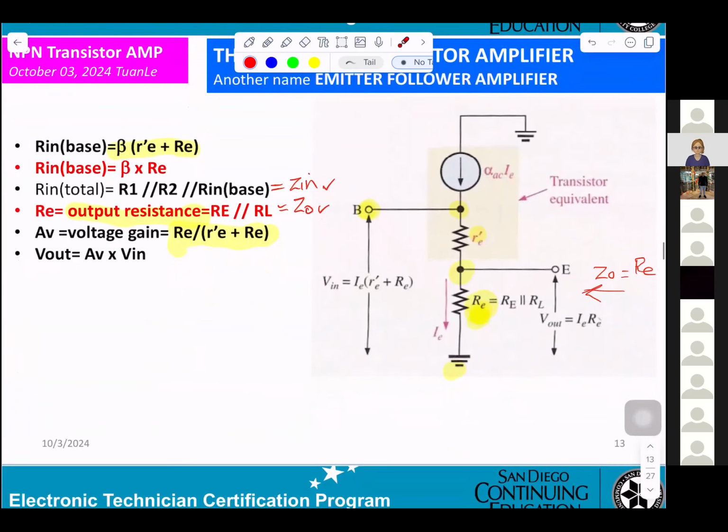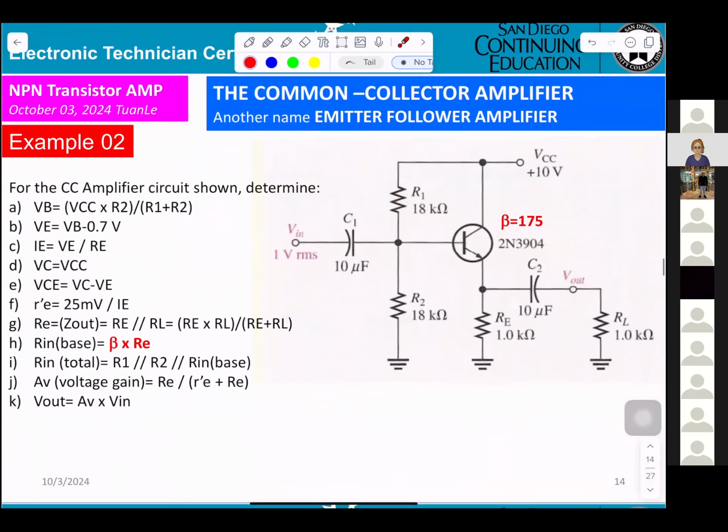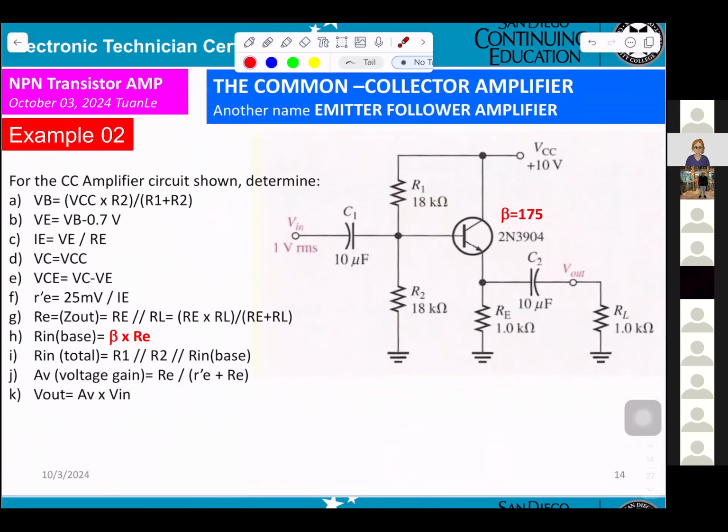This is the AC calculation. When we get the exercise, then we'll go through that with you. On example 2 here, they calculate everything for the whole circuitry.